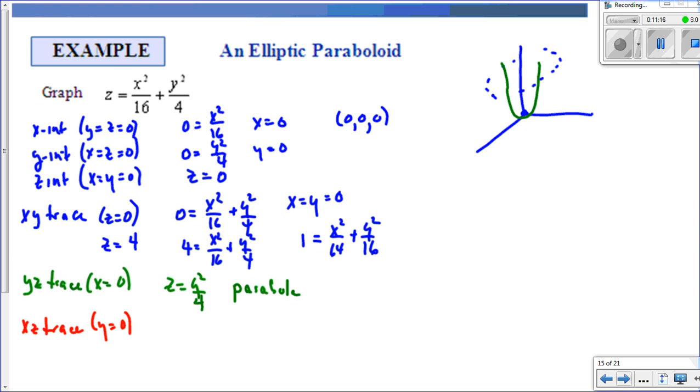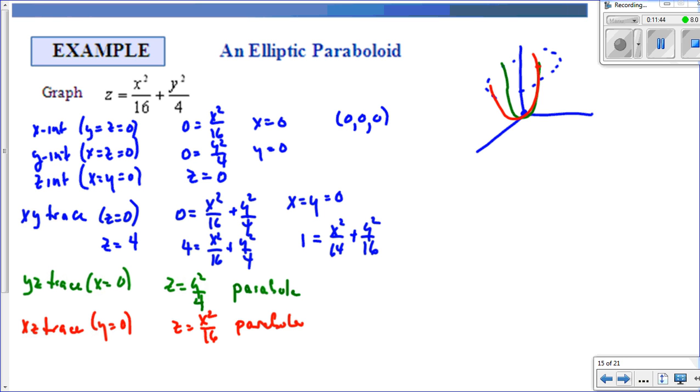Let y equal 0. You have z equal to x squared over 16, which again is a parabola. So parallel to the xz plane is another parabola.